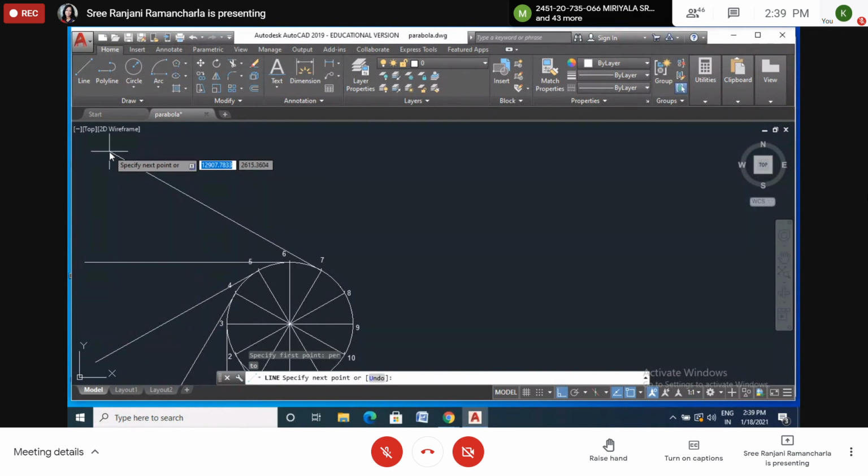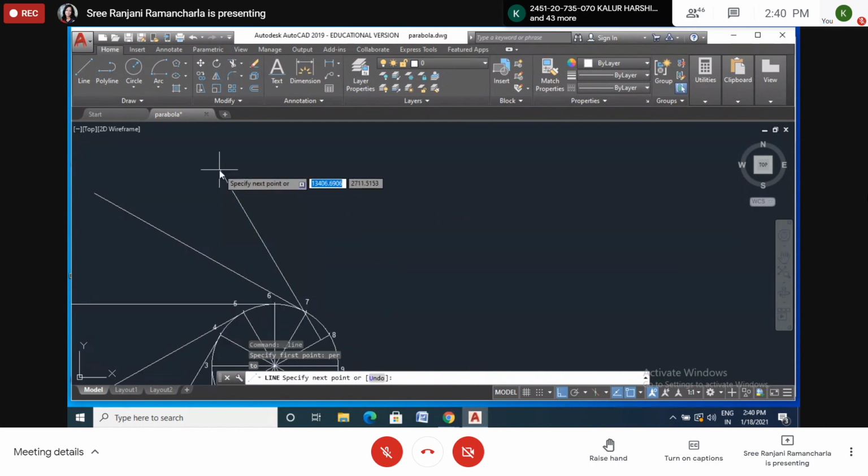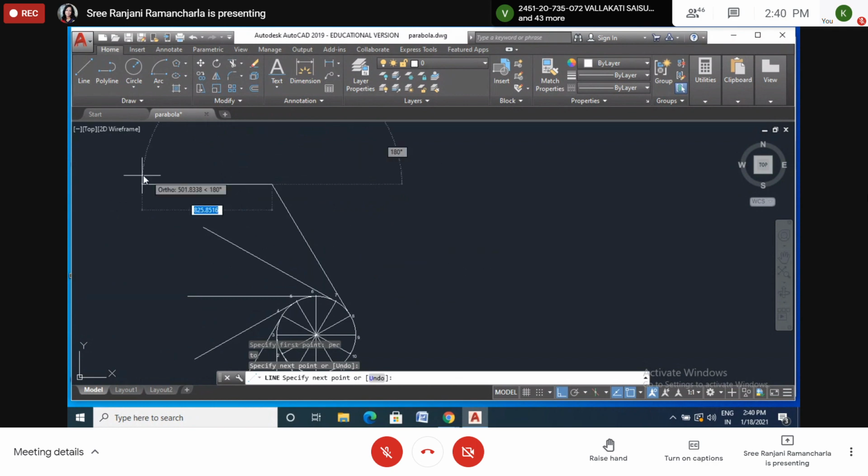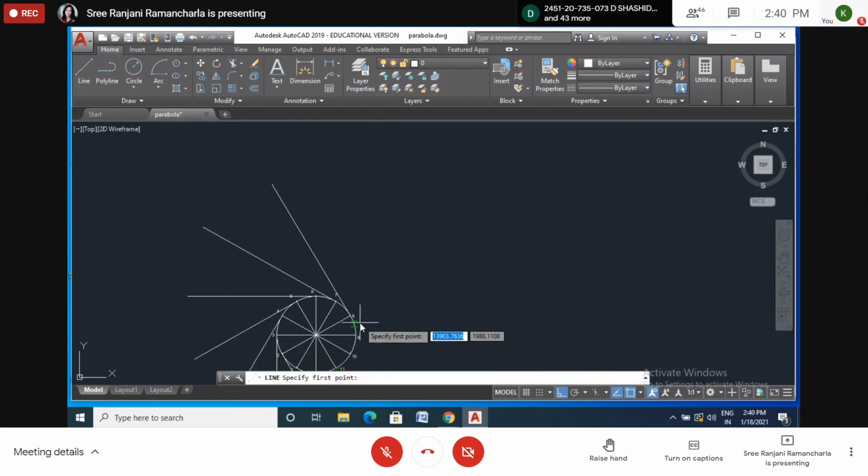Like this. From here also. From 9, I will just take a vertical line.